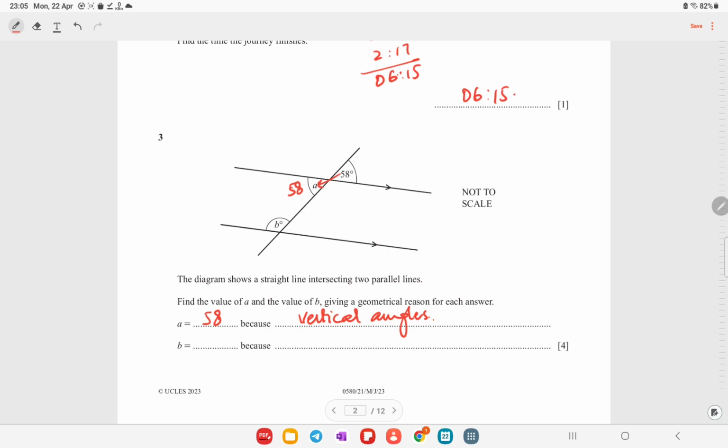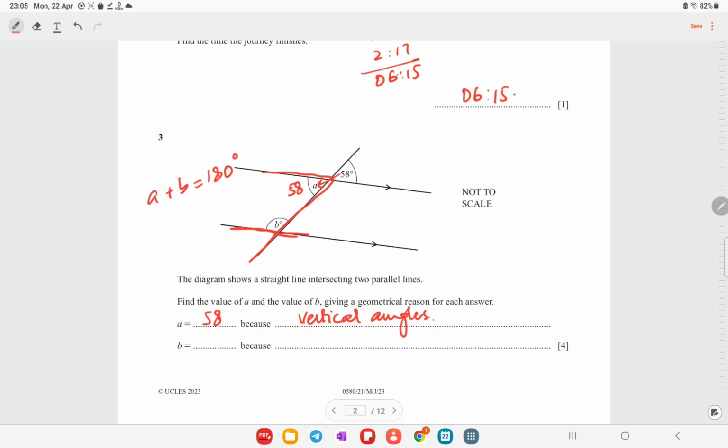Then b. Okay, so for b, what you need to do is use the corresponding angle. You must know that the sum of these two angles is going to be 180. So a plus b is what? This is the angle property that you need to remember.